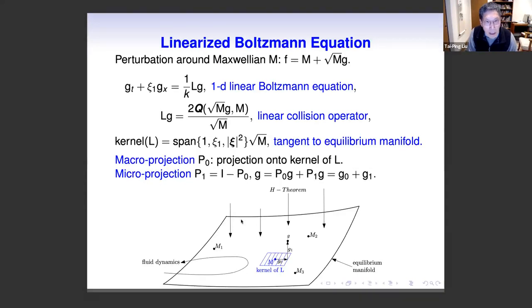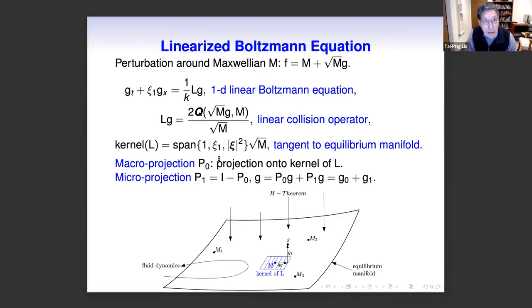Now, the linear collision operator is inherited from the collision operator. So what makes L0 is the tangent plane to the equilibrium manifold at the point M of linearization. And for a given state G, we will decompose it into two components.